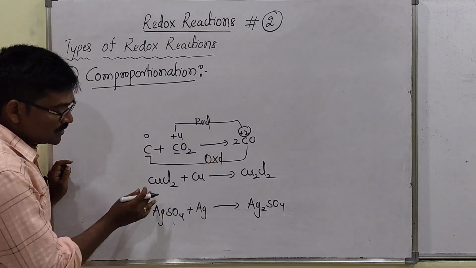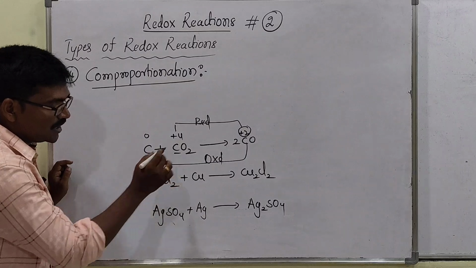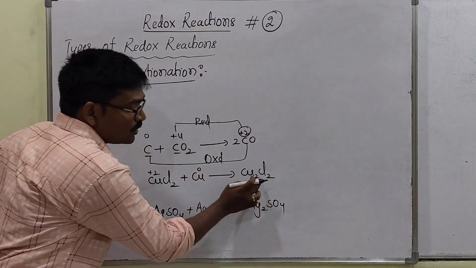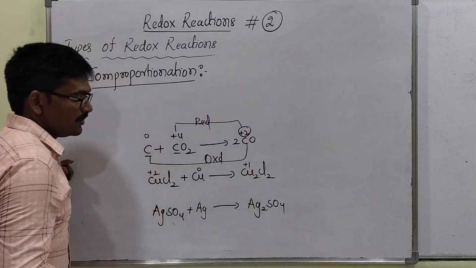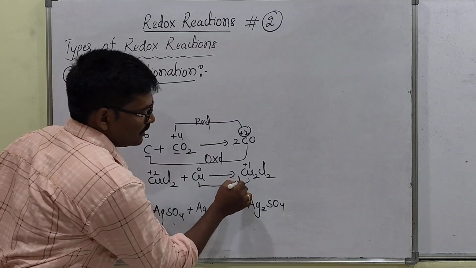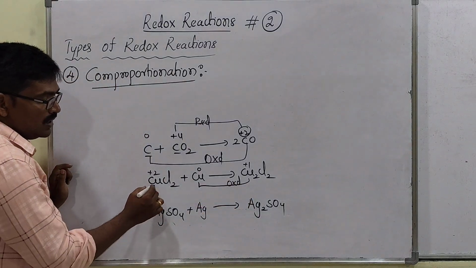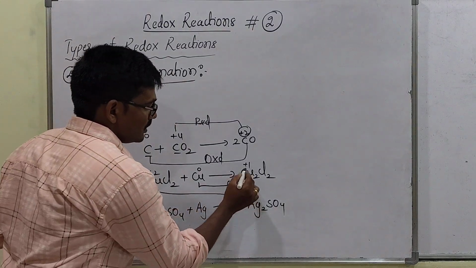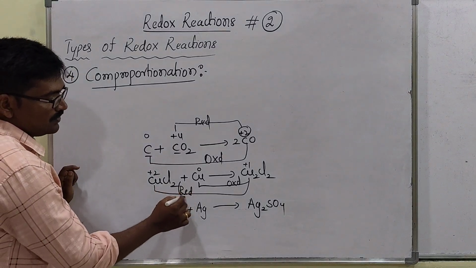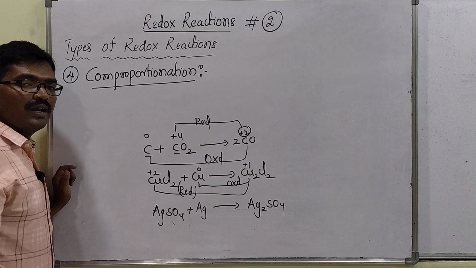Then if you come to CuCl2, +2 oxidation state here, Cu 0 oxidation state here. Then Cu2Cl2, +1 oxidation state for copper. 0 to +1, oxidation, because the oxidation number increased. +2 to +1 decreases, reduction. Oxidation number decreases, reduction.